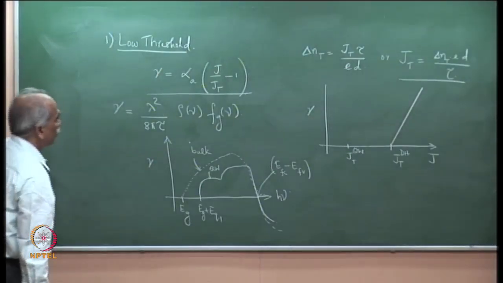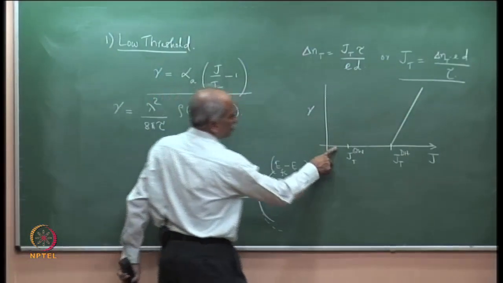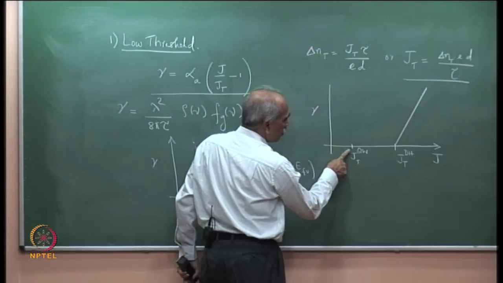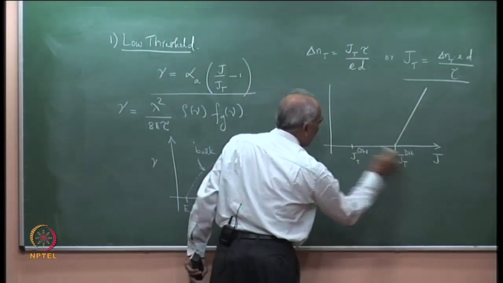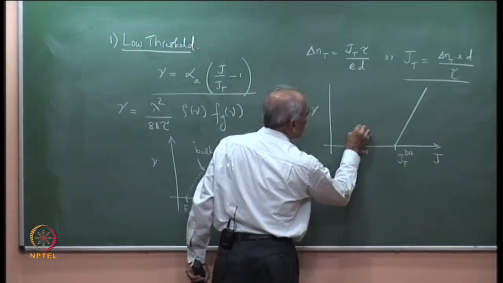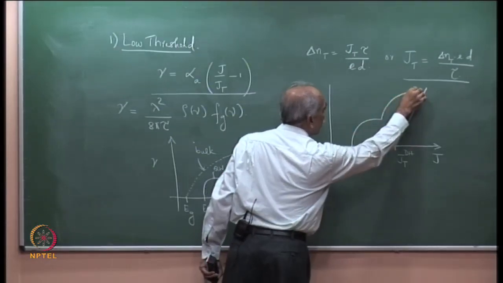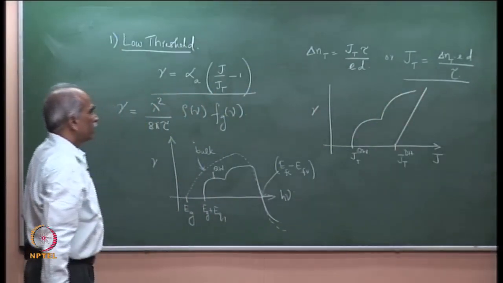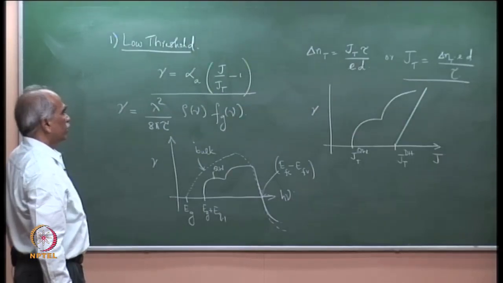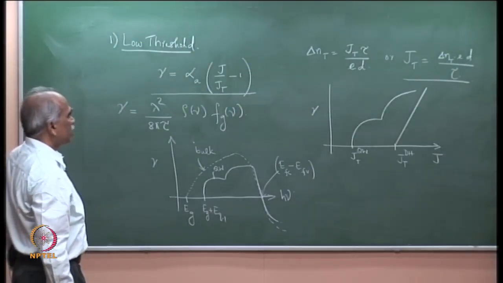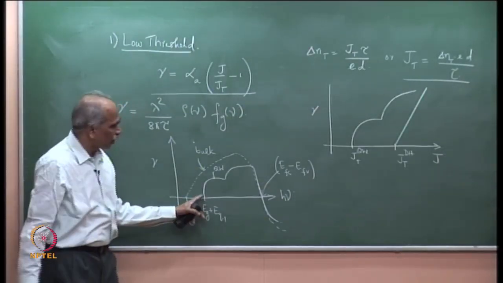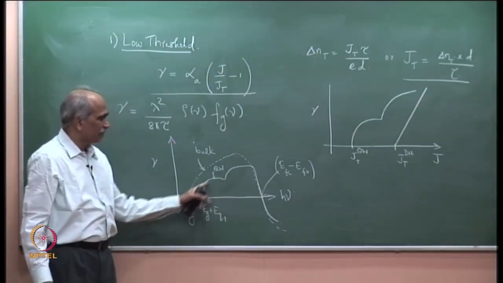In the case of a quantum well structure, jt is very small, but as j increases, gamma will also increase like a step function. That happens because of the density of states.